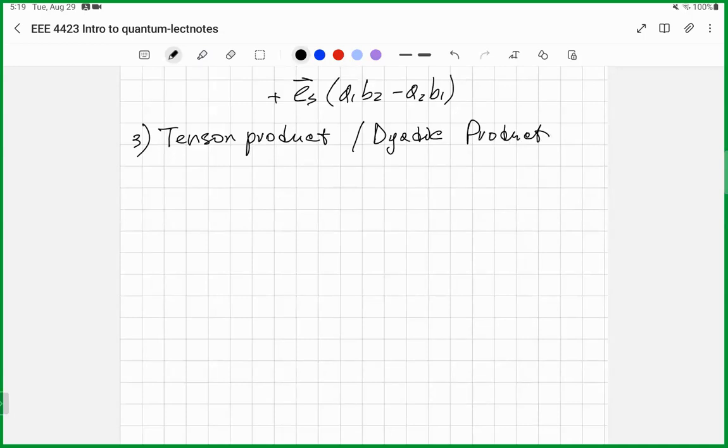This type of product is very frequently met in quantum theory, and in quantum computing we're going to use it quite a lot. So the tensor product, let's maybe even highlight this one. Okay, dyadic product. The result of this is a matrix.